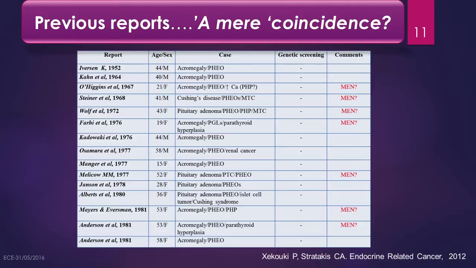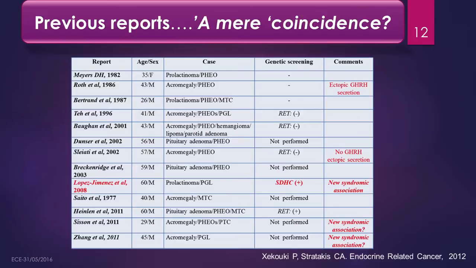Some of these cases, when we went through them in detail, most probably represented cases of multiple endocrine neoplasia. But some of them may actually represent cases of what we call the new syndromic association. In 2008, Lopez Jimenez et al. reported a case of a 60-year-old male who presented with macroprolactinoma and head and neck paragangliomas, and he was found to be positive for SDHC mutations.